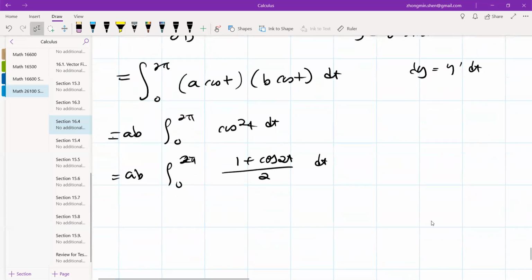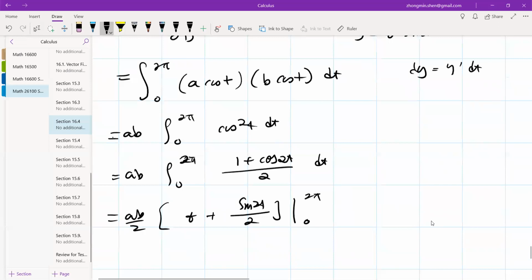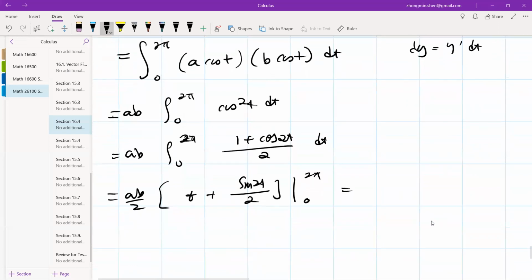The integral of cosine 2t, taking a 2 out, is going to be t plus sine 2t over 2, evaluated at the 2 endpoints. Sine 2t at the 2 endpoints will be 0. So what you get is ab over 2 times 2 pi. So it's going to be ab pi.